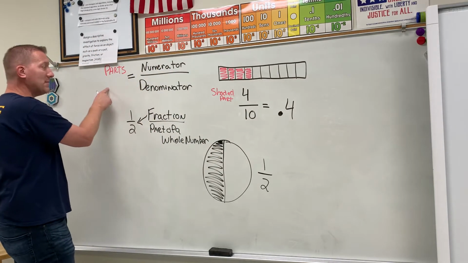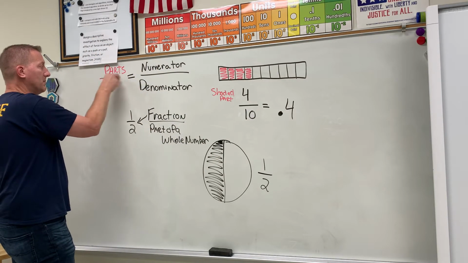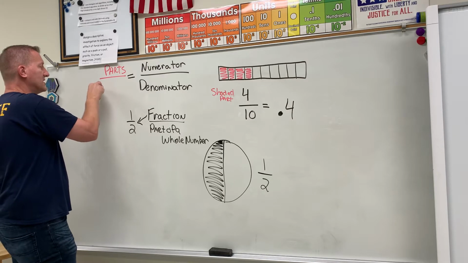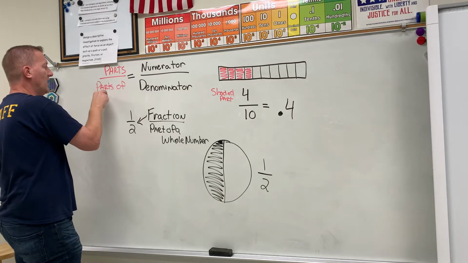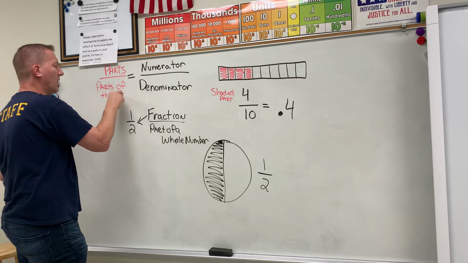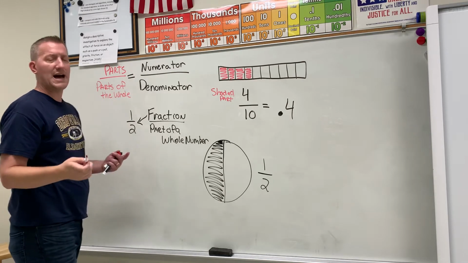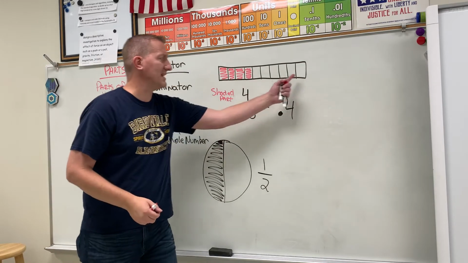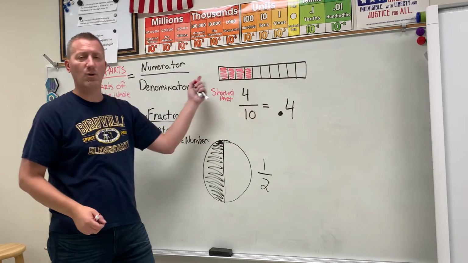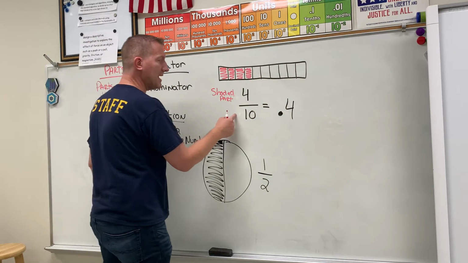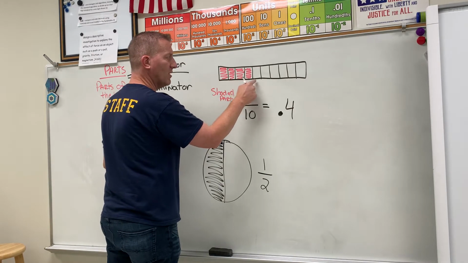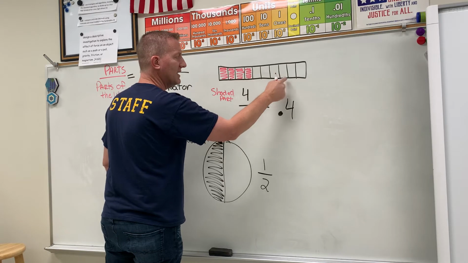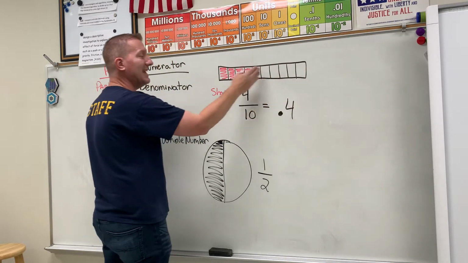And then the denominator are the parts of the whole. Whatever object you're looking at, it's the parts in the whole thing. So for my denominator, I'm going to count 1, 2, 3, 4, 5, 6, 7, 8, 9, 10.